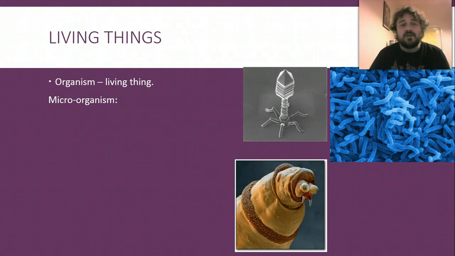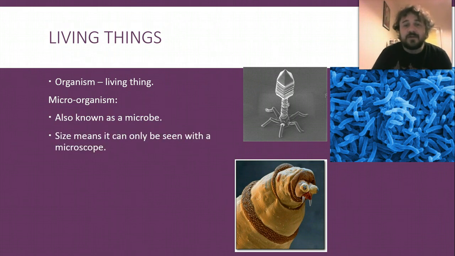Okay, so living things. An organism is a living thing. A microorganism is also known as a microbe, and can't be seen with the naked eye, so we can only see it with a microscope. Or if we look at viruses, such as this one here, we can only see it with the electron microscope.